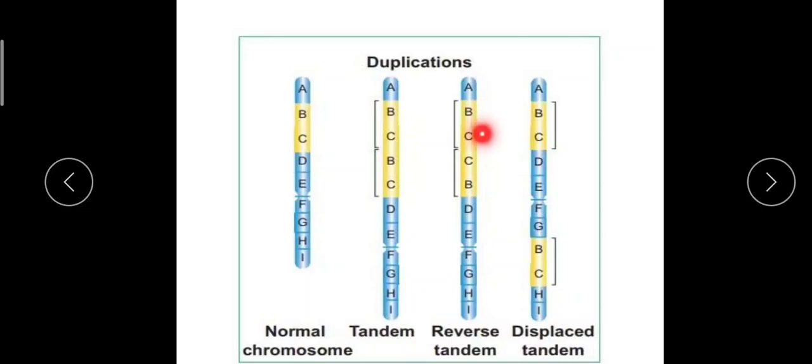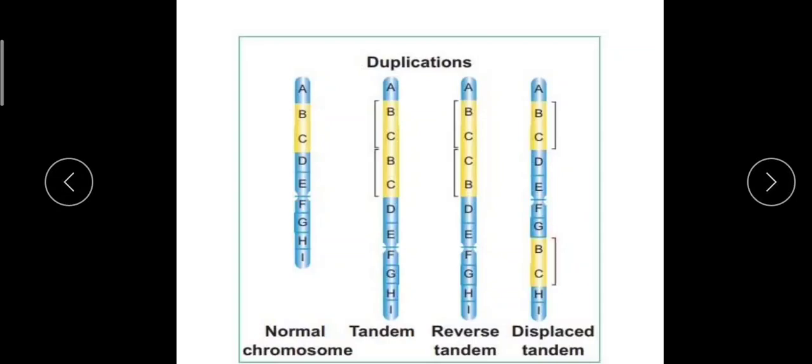Tandem means nothing but that they occur in continuation, close or nearby each other. So that is tandem duplication. And here also the BC segment is incorporated near to it but in reverse orientation. That is why we call them reverse tandem.